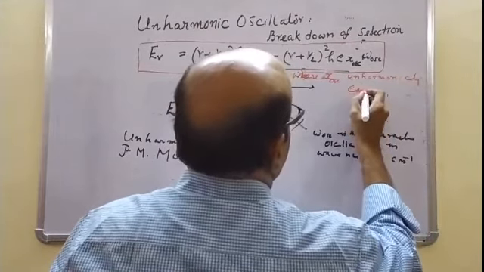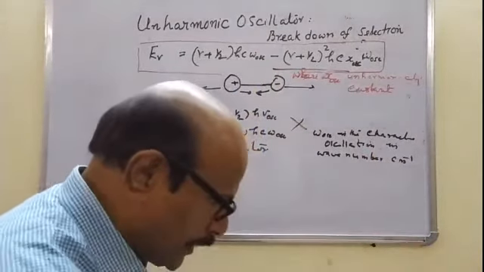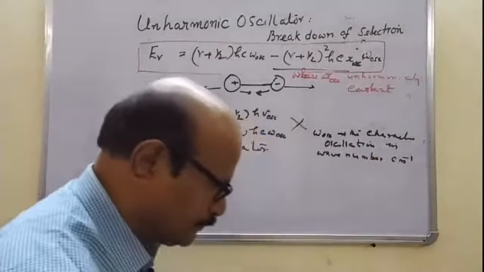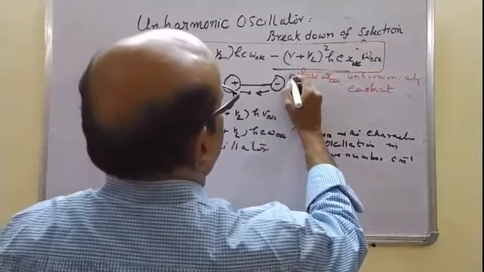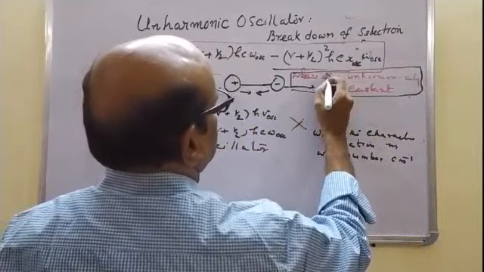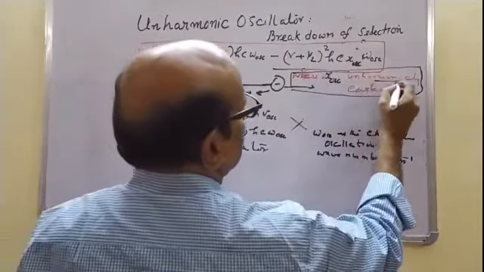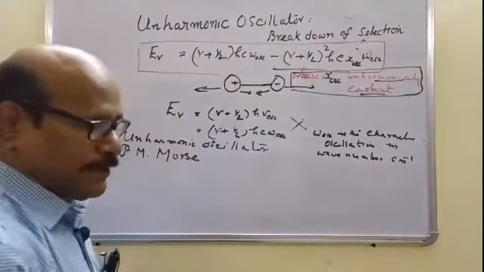So this constant x oscillation is called the unharmonic constant.